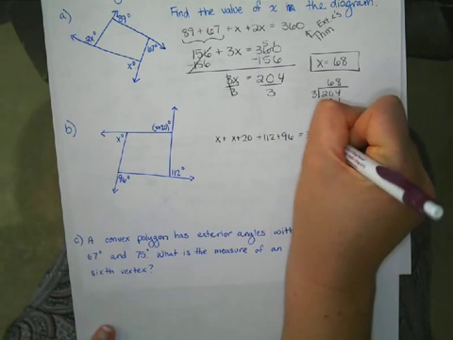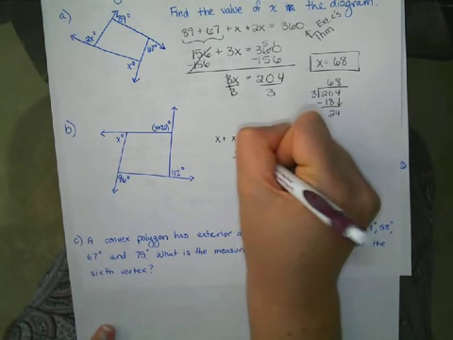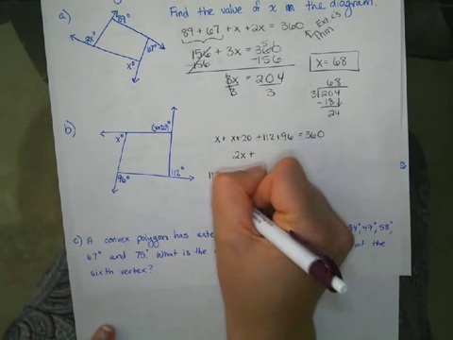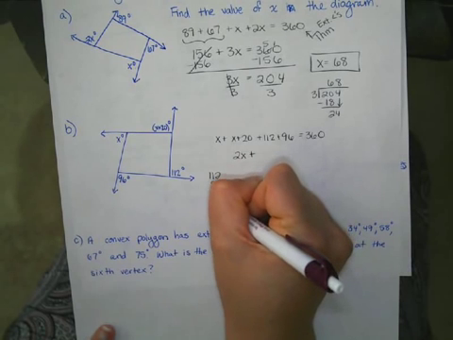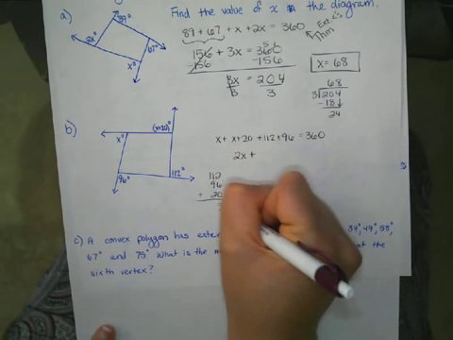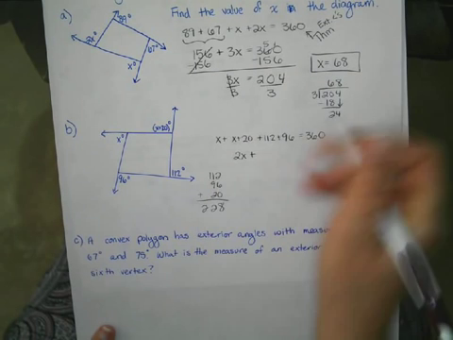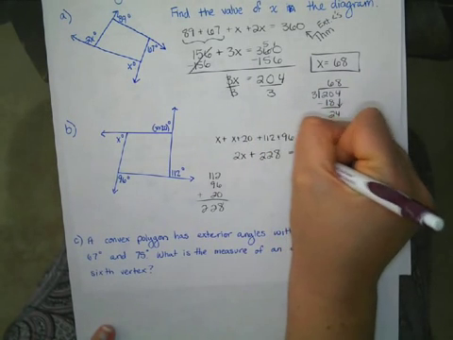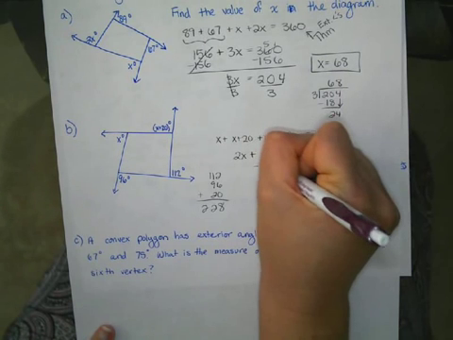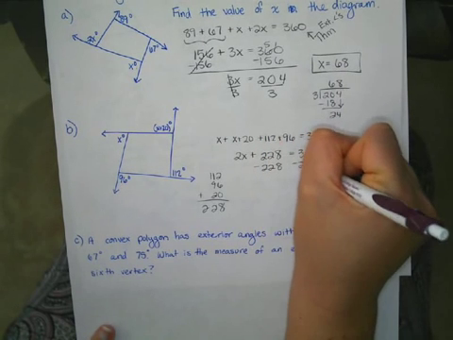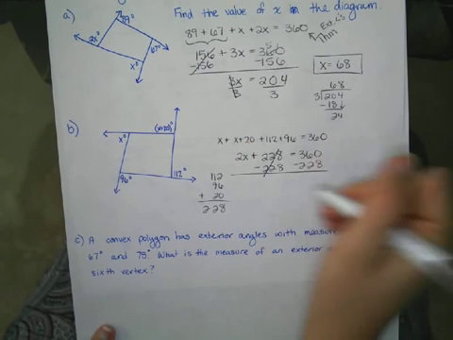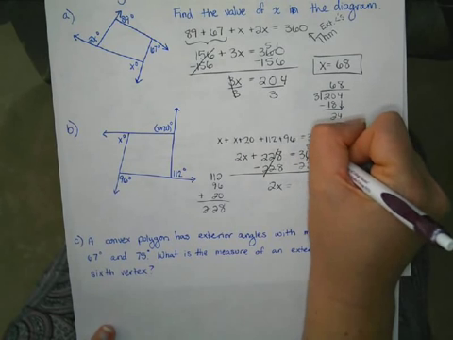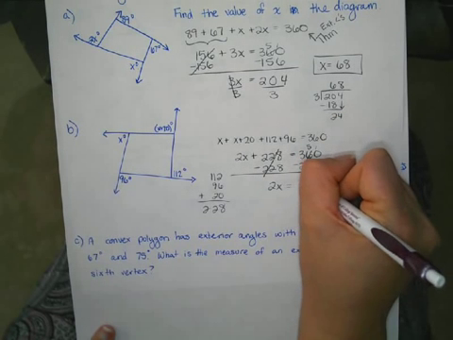Subtract 228 from both sides. And I think you guys are getting the hang of this. Or you should be. Divide by 2. And x is equal to what? 66. That looks good to me. Excellent. Very good. Okay, last one.